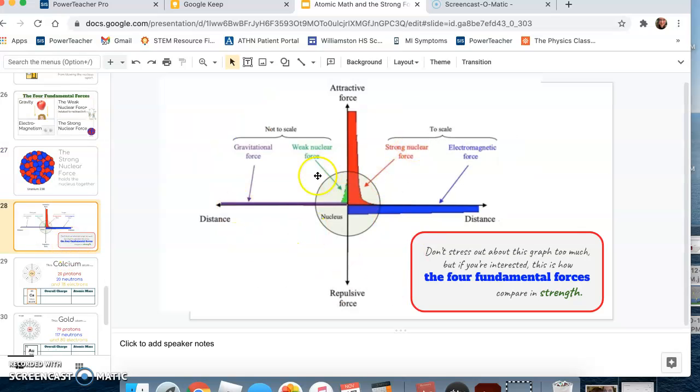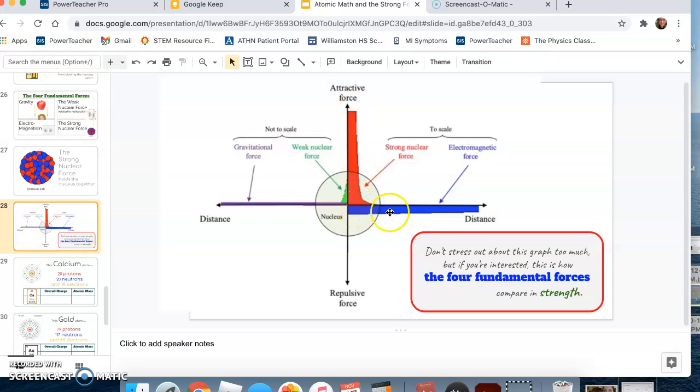I wanted to show you a graph. For some people this is helpful. If it's confusing, don't worry about it. This is a graph that shows how strong these four fundamental forces are within the scale of an atomic nucleus. So you can see that within the scale of the atomic nucleus, the strong nuclear force is really strong. It's got a really strong attractive force at those very, very small distances.